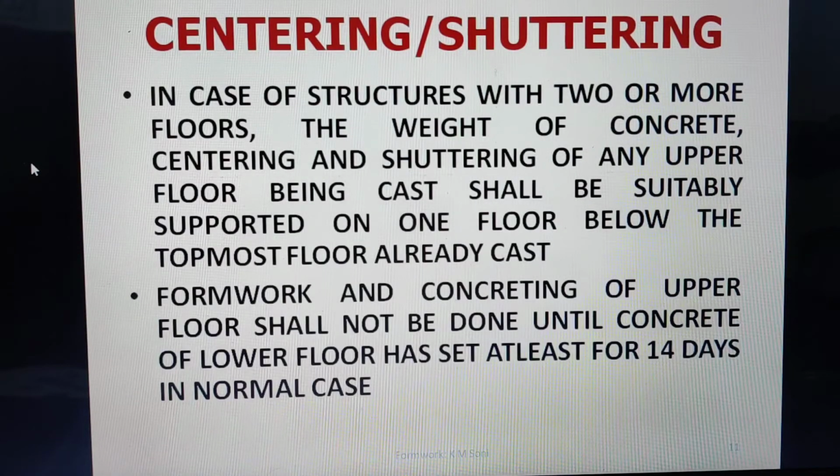Generally we use centering and shuttering combined, and even when we measure in schedule of rates or in specifications, it is called centering and shuttering as one item. That's why this combines vertical and horizontal portions, and that's why it is called centering and shuttering.